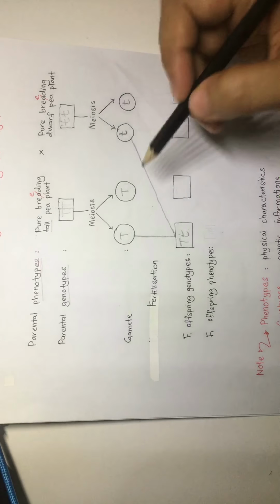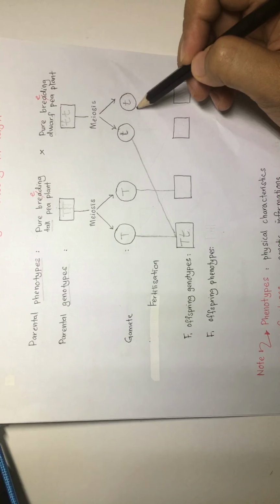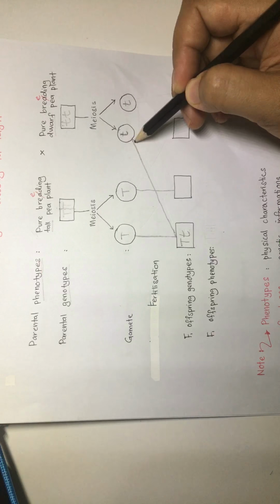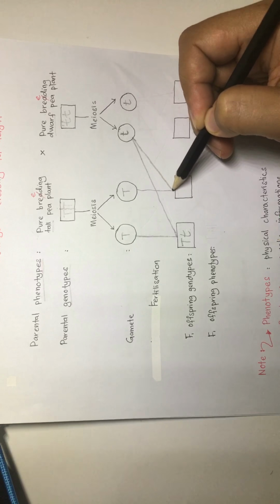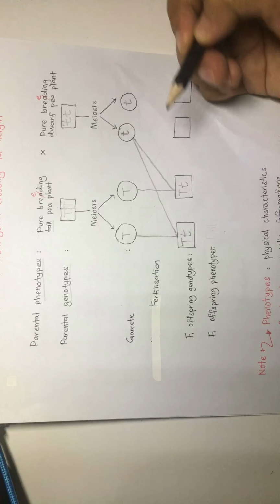That one first. So then in the fertilization process, it will be combined together, capital T and small t. As for this one, it will combine to these characteristics also, so it will be capital T and small t.